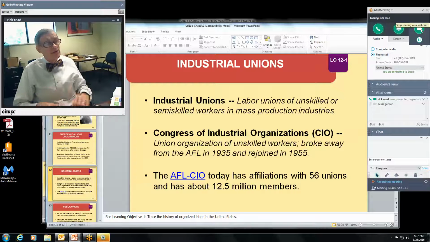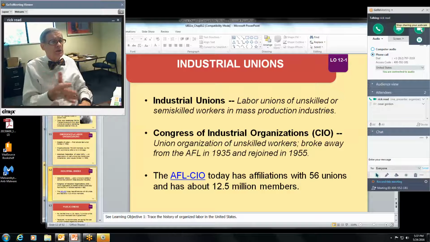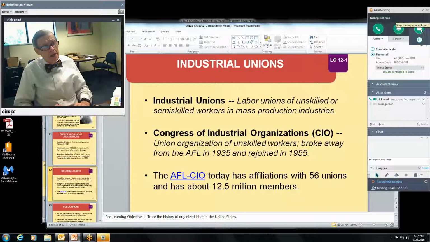Well, part of the labor union didn't feel like they were getting a fair shake from the leaders, and so they walked out and formed their own union known as the Congress of Industrial Organizations, CIO. And that was run for many years by a gentleman by the name of John L. Lewis, who was also head of the mine workers, but he was very big in the Congress of Industrial Organizations.